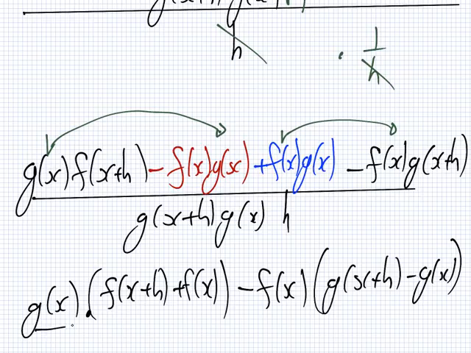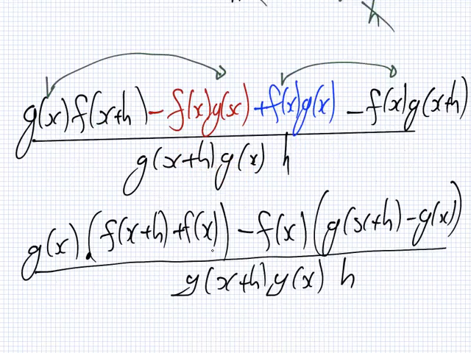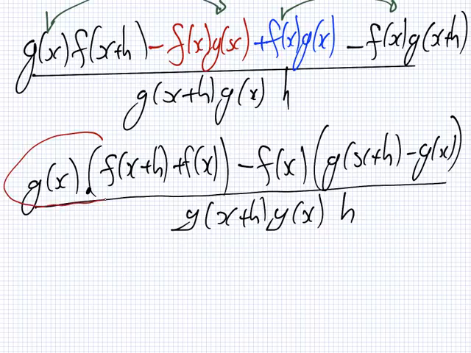All over g(x+h) g(x) and h. Okay, only one line left. What I'm going to do is take this one and put it over the h. I'm going to divide both of these by the h.